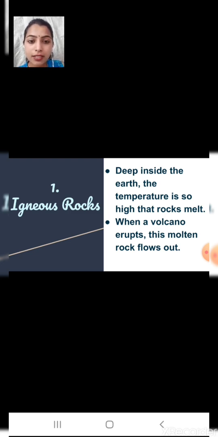Deep inside the earth, the temperature is so high that rocks melt. Deep inside means very deep inside the earth. Due to that very high temperature, rocks melt.